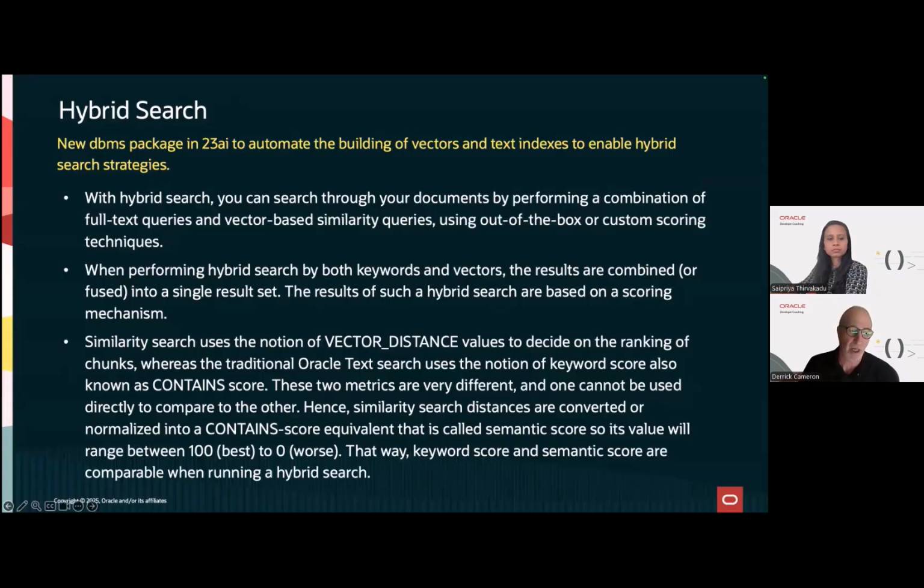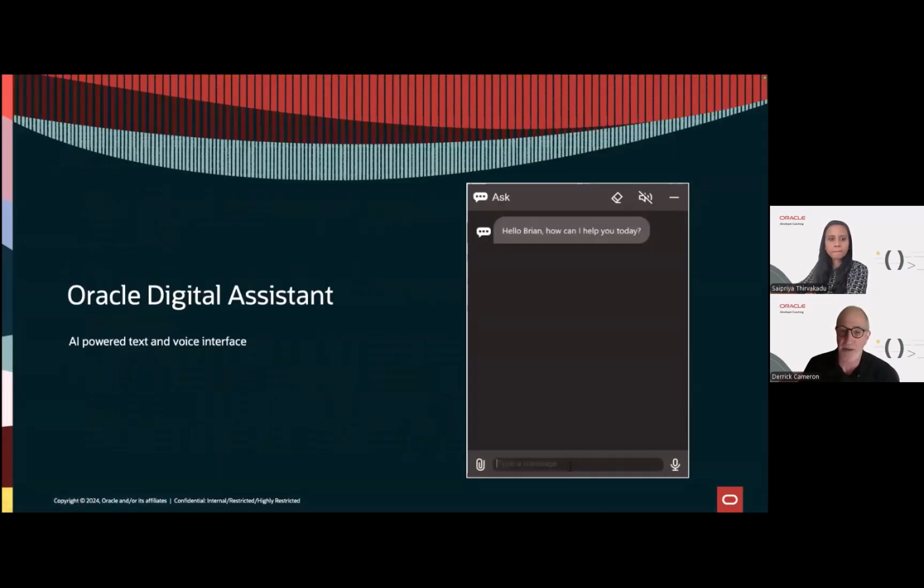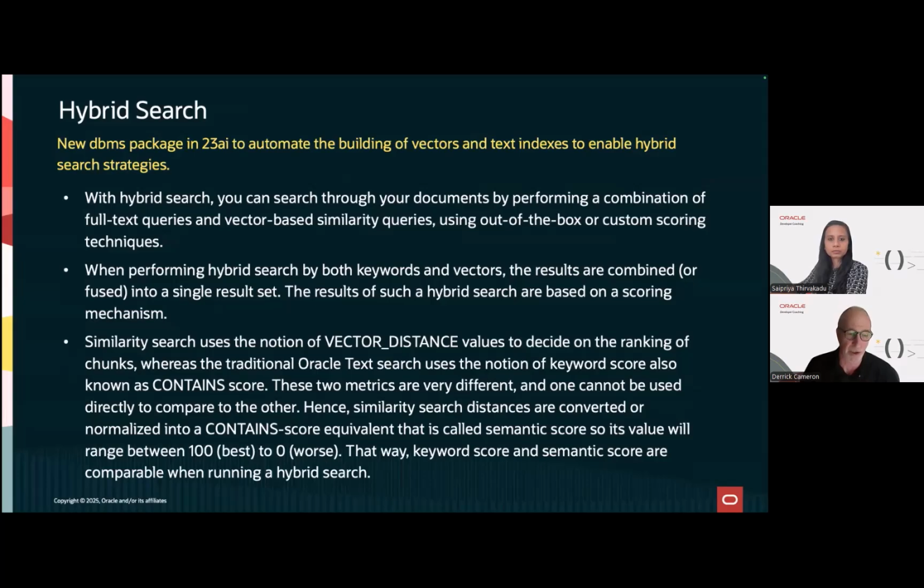Hybrid search is, again, new in AI. I'm not going to cover it today. We're not going to be doing any hybrid search. It was covered in our last presentation last month. It combines text search with vector search. The text search comes back with a score: how often do these terms occur in the document? It comes up with a score.